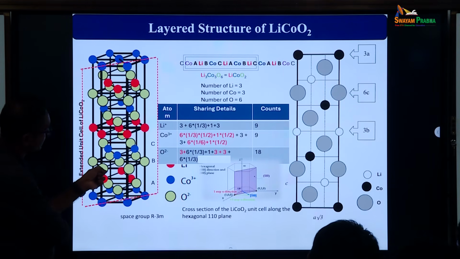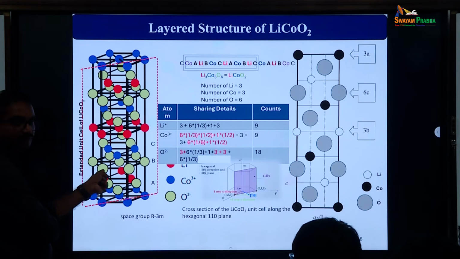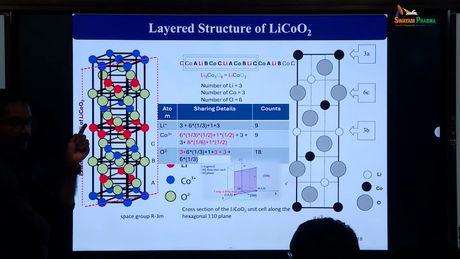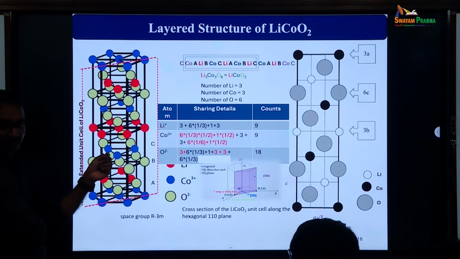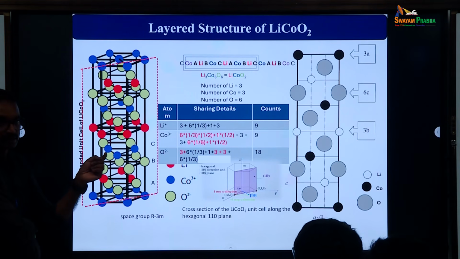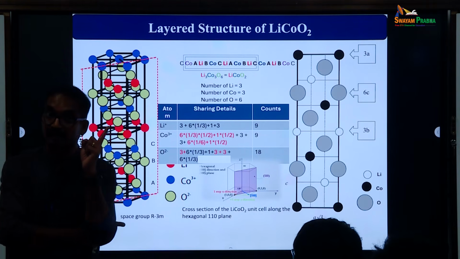Let's start from here. Okay. What lattice is this? This green one? Triangular lattice. It's not hexagonal. Any three atoms you connect, you get a triangle, correct? It's triangular lattice. Remember FCC, when we discussed, we started with the triangular lattice.